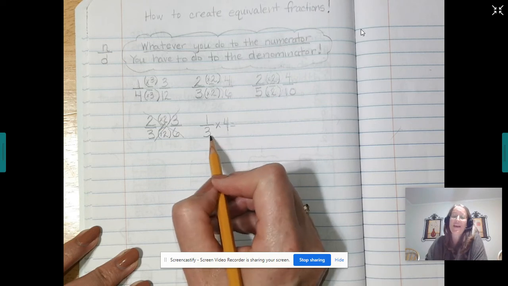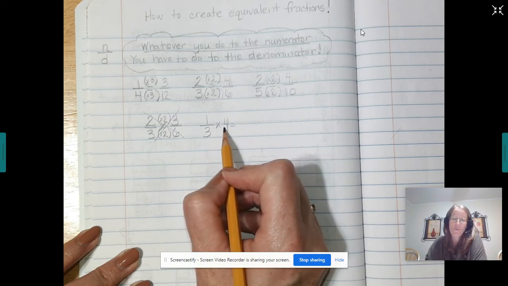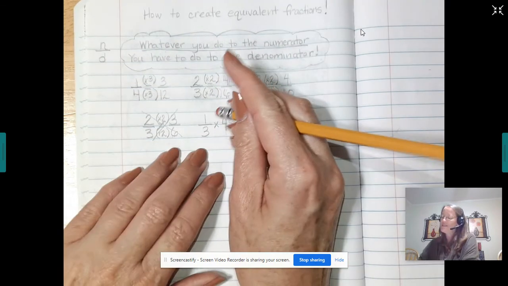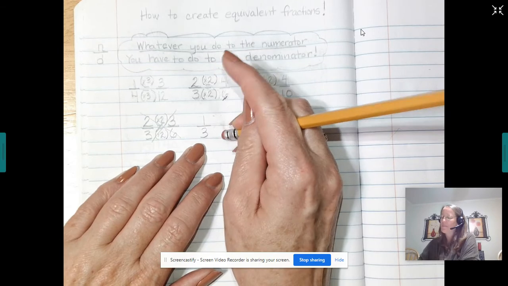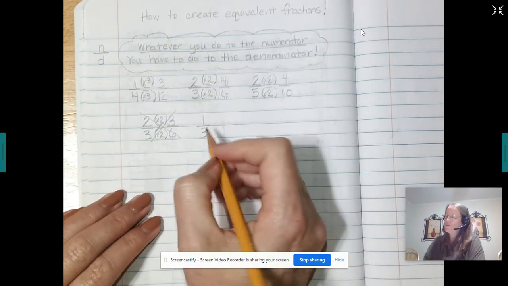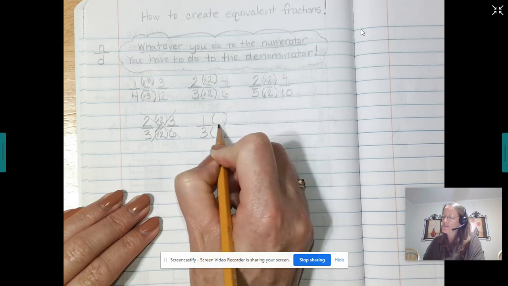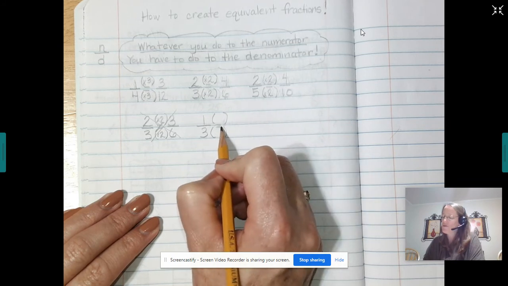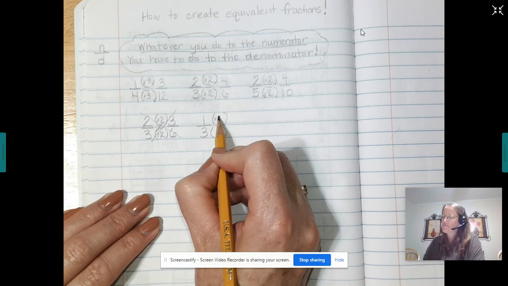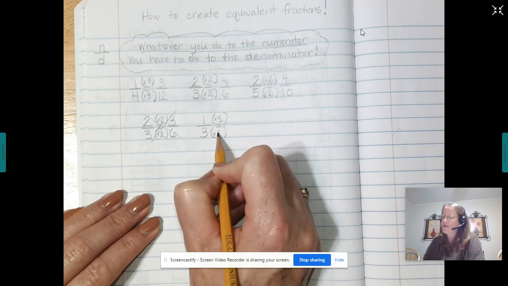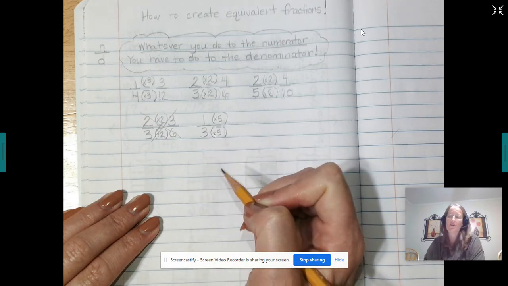This is multiplying a fraction by a whole number, and that is not what we want to do. So I always need you to show me how you created your equivalent fractions, by drawing your parentheses, always having your equal signs.